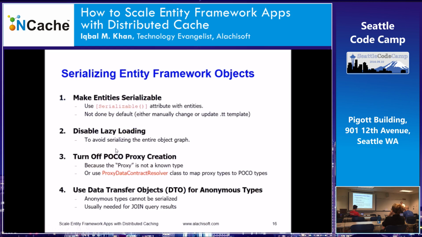Okay, so if you're going to use caching from within Entity Framework, there are certain things that you need to keep in mind. Again, regardless of which cache you use. First is you need to make all your entities serializable. By default, EF does not make them serializable, so you need to put the serializable attribute on entities.